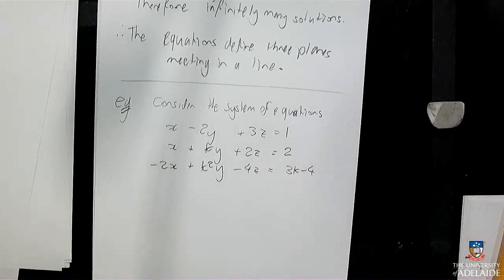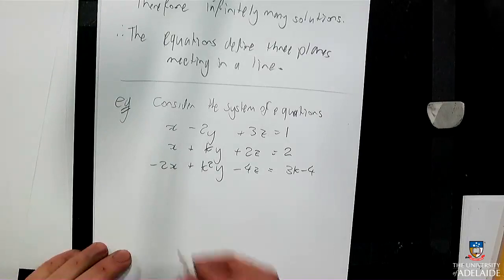This is a pretty random and stupid thing to do, but it does prove that you know how the row operations work if you can do this sort of thing.